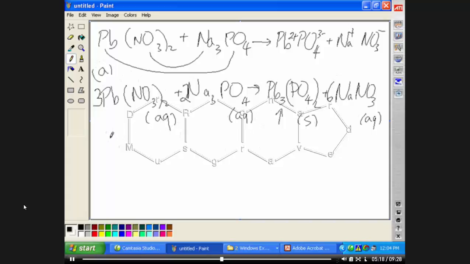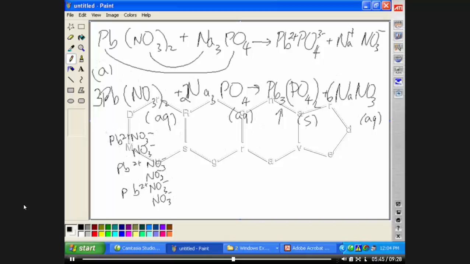If we've got Pb(NO3)2 and we've got 3 of those, here's what it looks like. Negative, negative, and that's 2 plus. Negative, negative, and 2 plus over here. And we've got 3 of these. So all I'm doing is just drawing a picture of what I've got in the reaction.